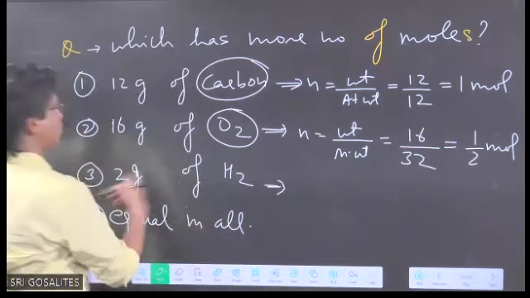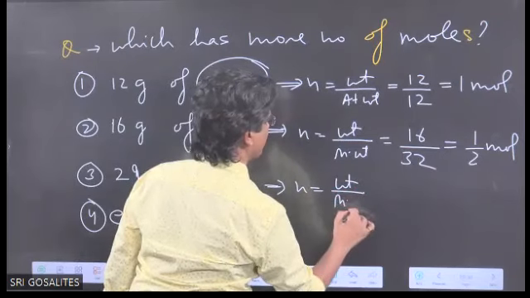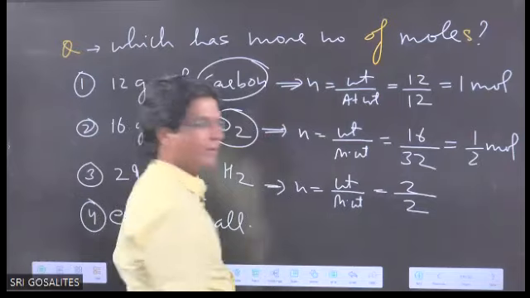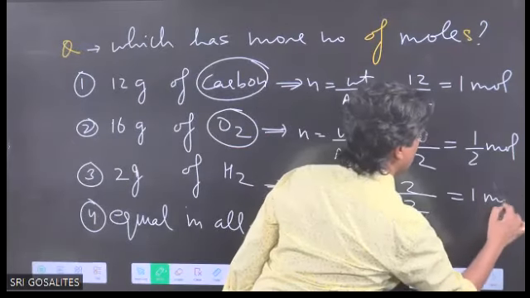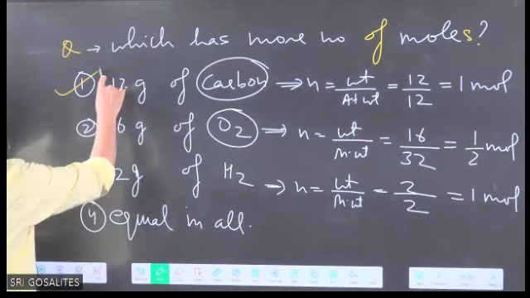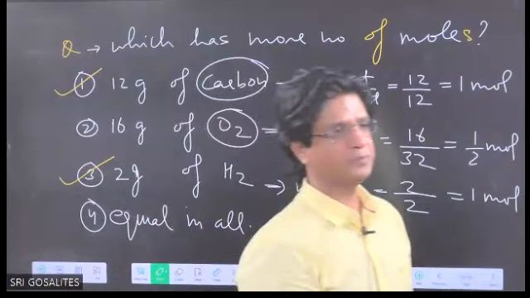And this is 2 gram of H2. Again, this is a molecule, weight upon molecular weight. Weight is 2 gram, molecular weight is also 2 gram. So yes, it will be 1 mole. So I believe first and third are the correct answers.